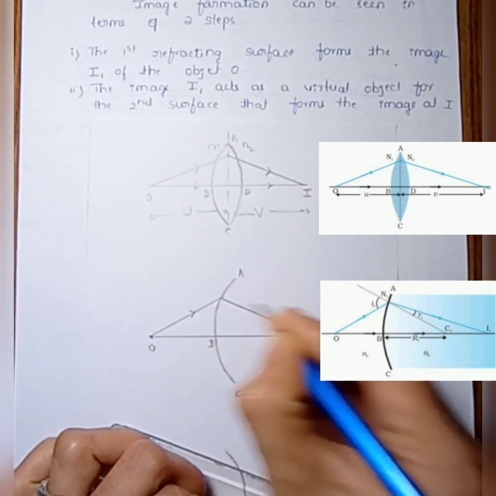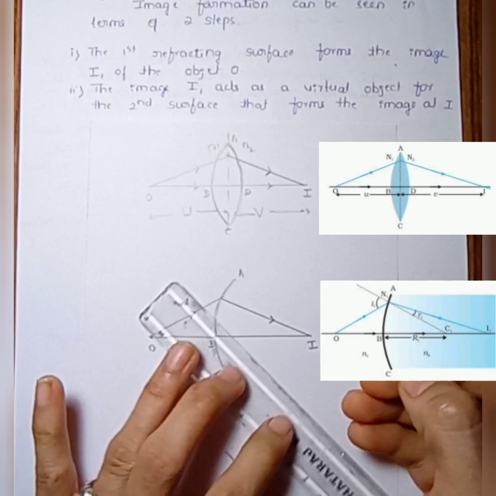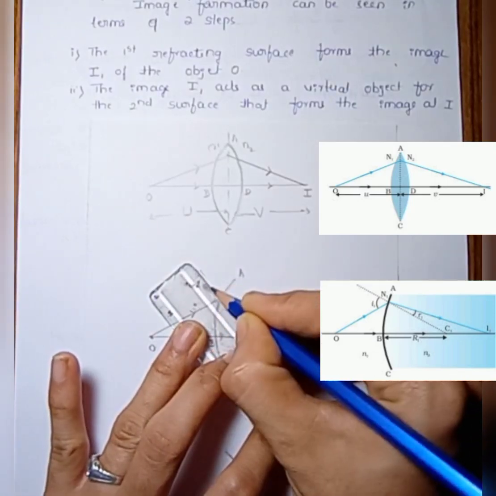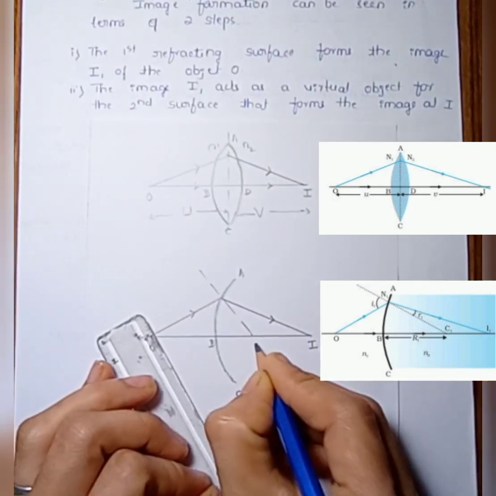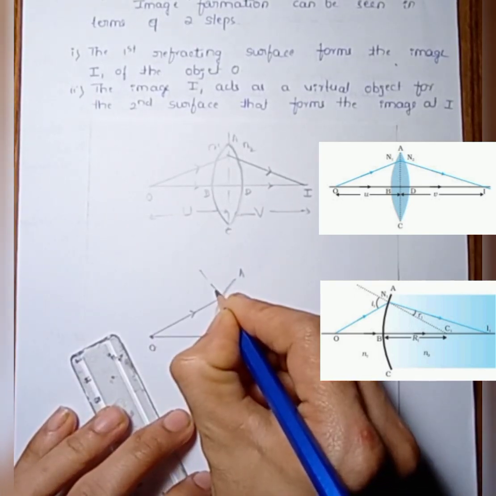The arrow mark is important here. And C1 is the center of curvature.